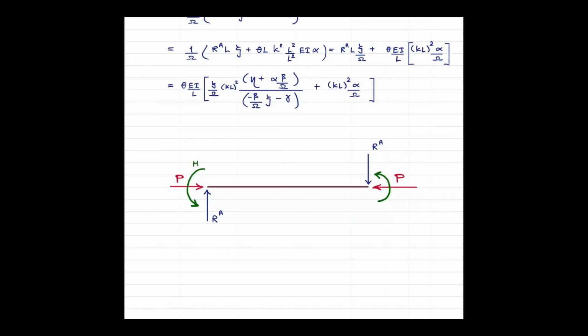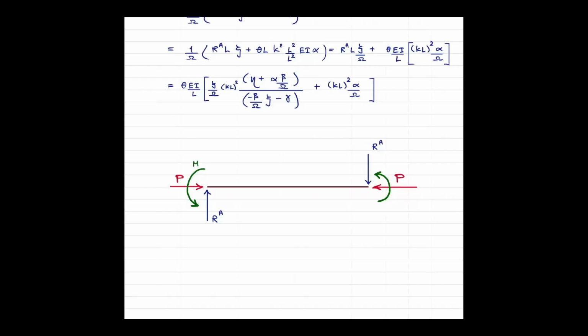So you have the RA, of which the magnitude is opposite from the RA on the left. So the vertical reaction force on the right goes downward.